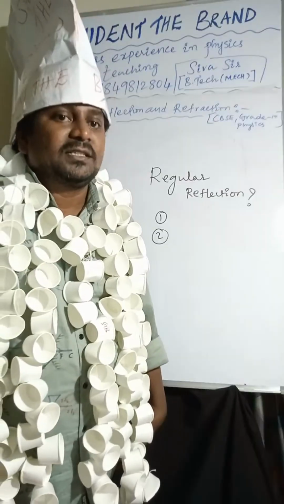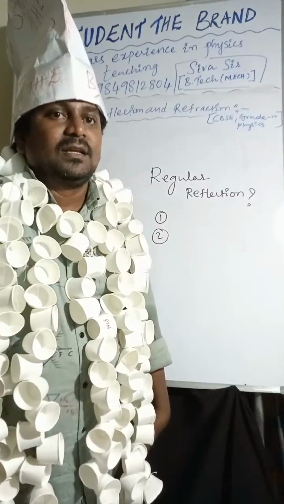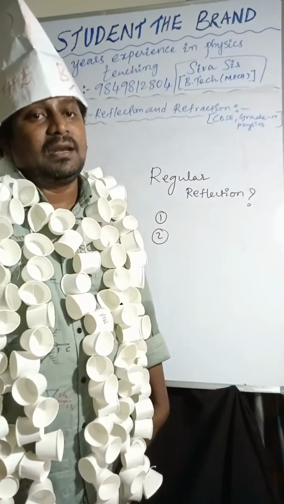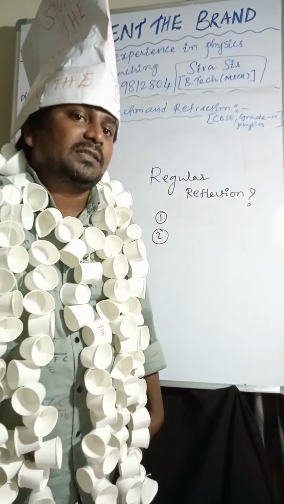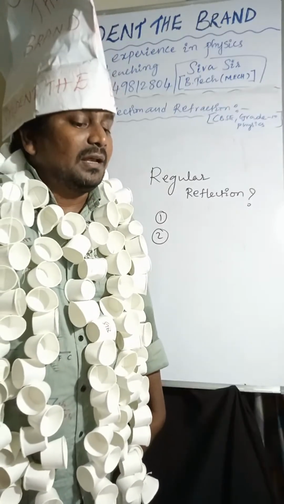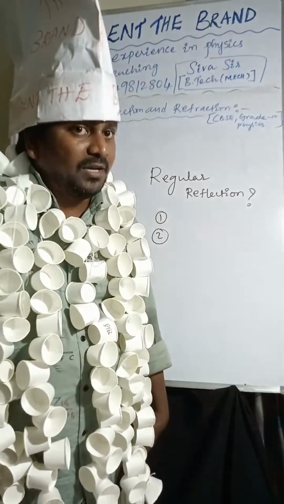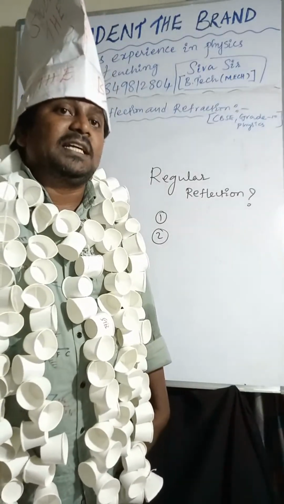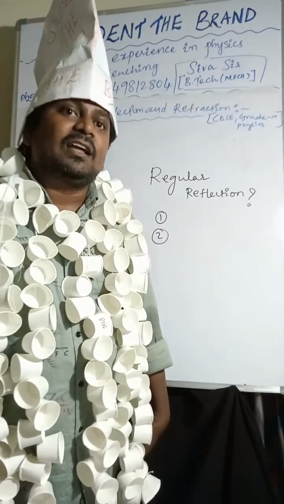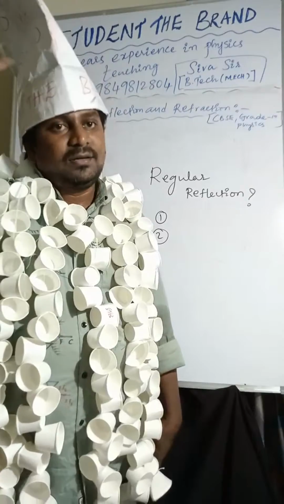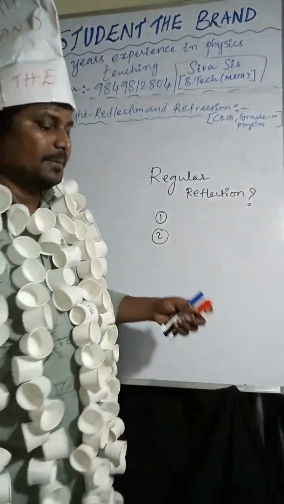What is the difference? Regular reflection takes place on a mirror. Irregular reflection takes place on a wall. Right? Yes. Next one, we are going to the next point.